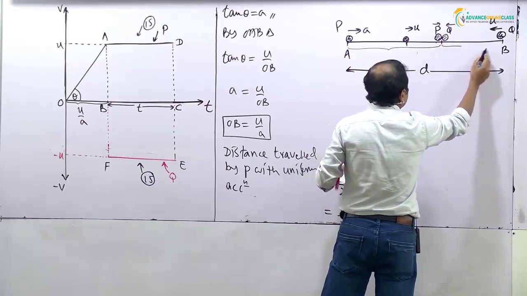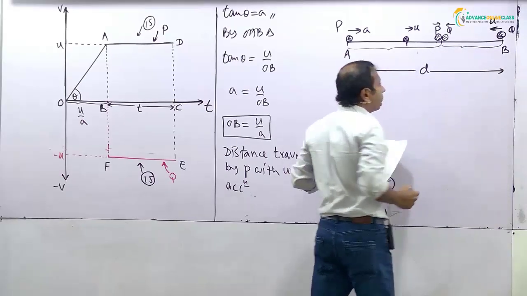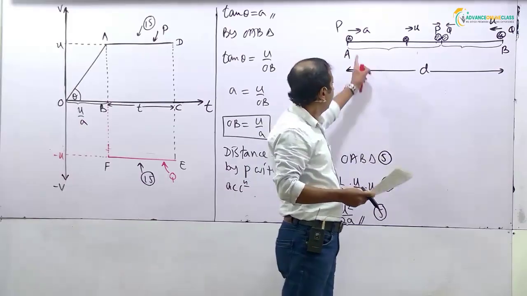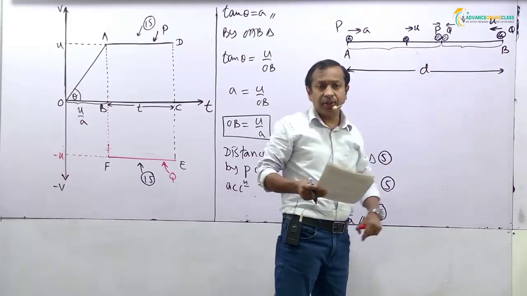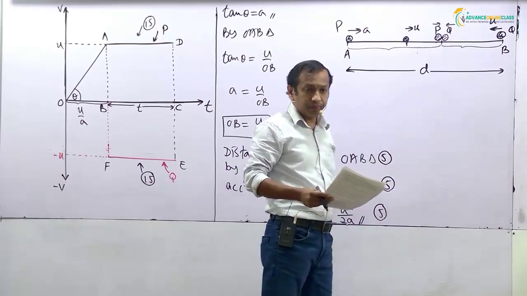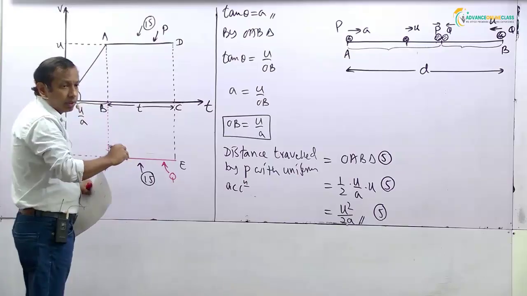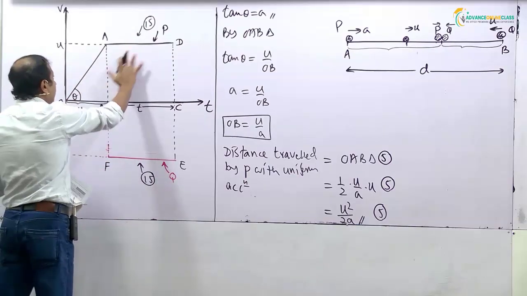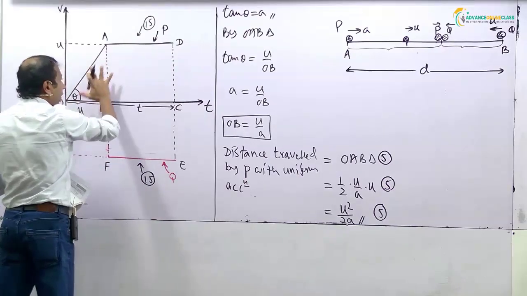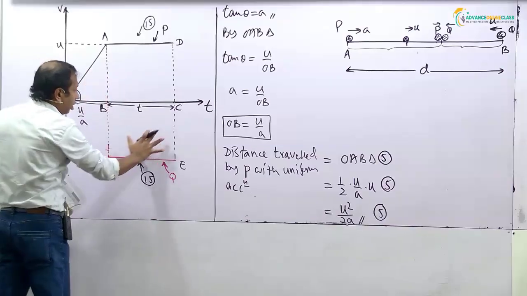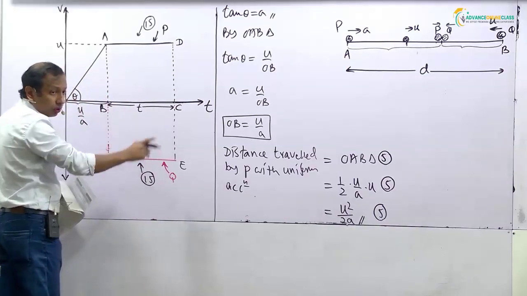By that moment, the distance Q traveled is this. So the sum of the distances traveled by P and Q should be equal to what? D. The distance traveled by P is given by this area, the distance Q traveled is given by this area. Their total is going to be D.